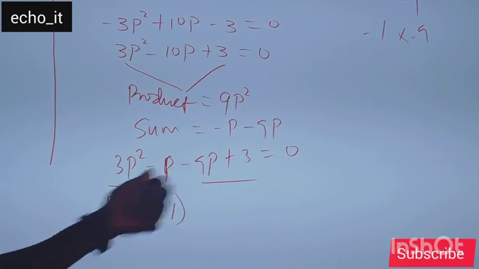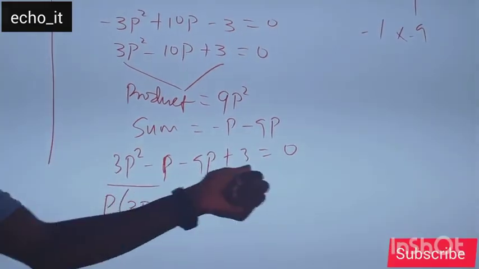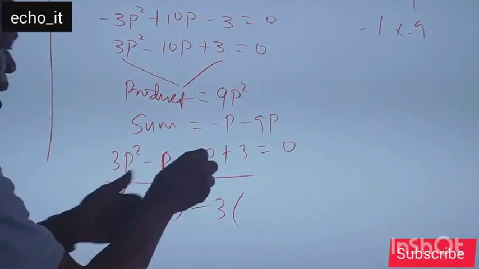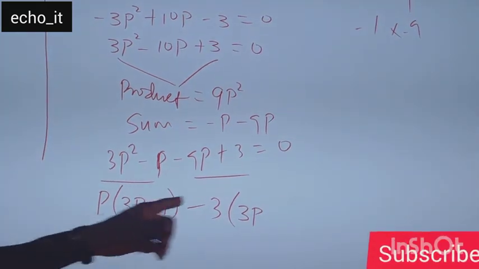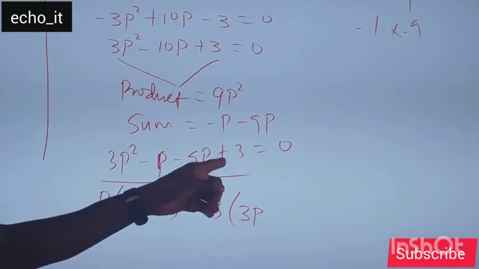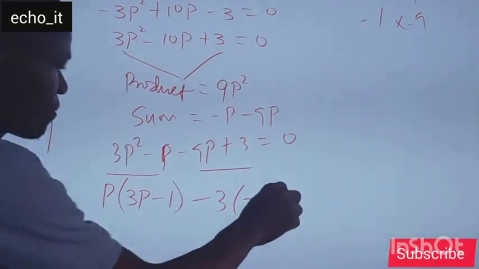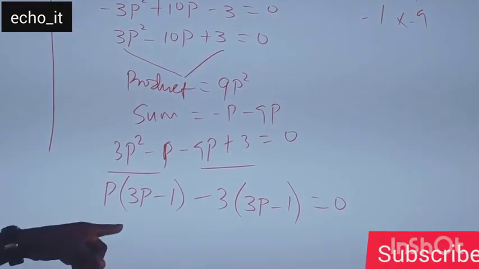Now, whenever you have minus here, make sure you factor out the minus. Then 3 is common in both of them. Bring out 3. Then inside, you now have 9p divided by 3, you get 3p. Because minus is out, this will change to what? Minus. So we have 3 divided by 3 now, 1. You can see that we are correct because this is the same thing as this.